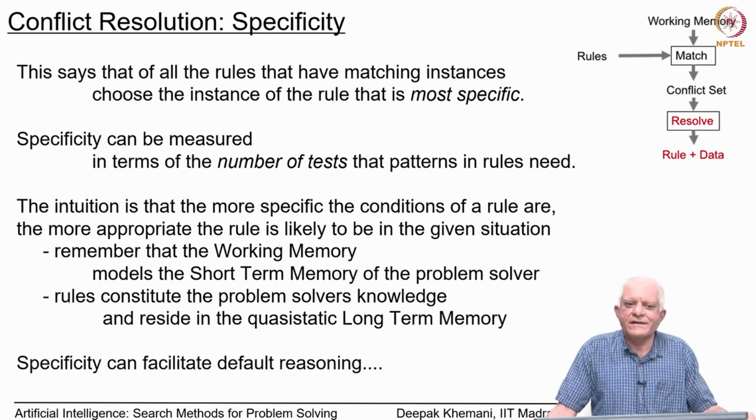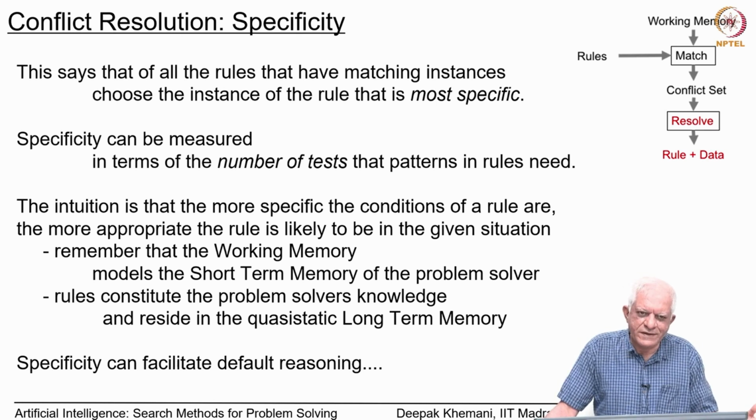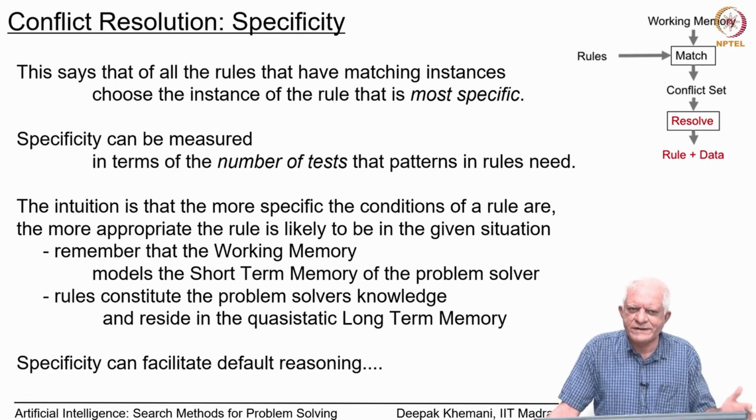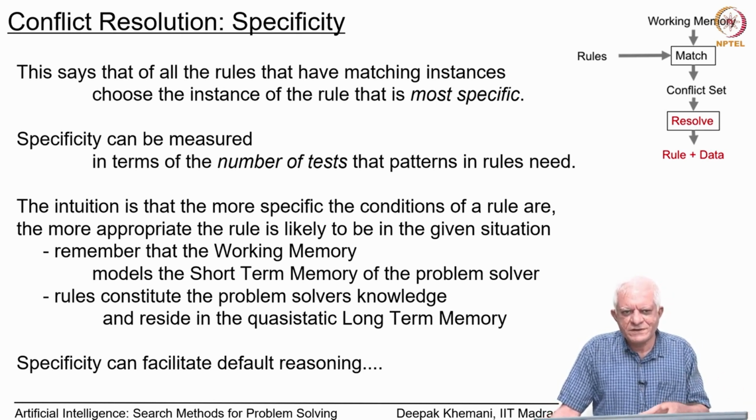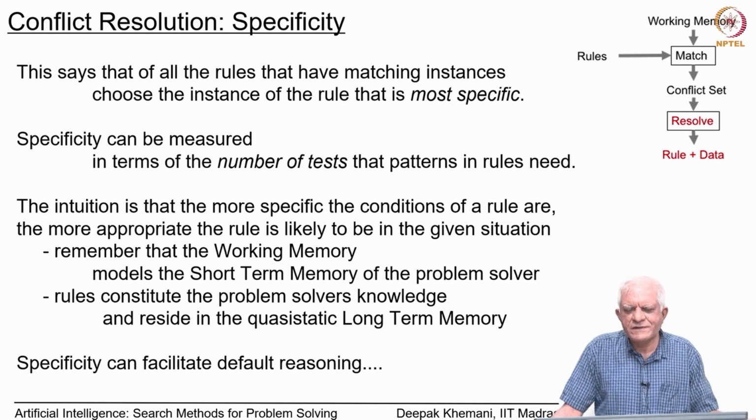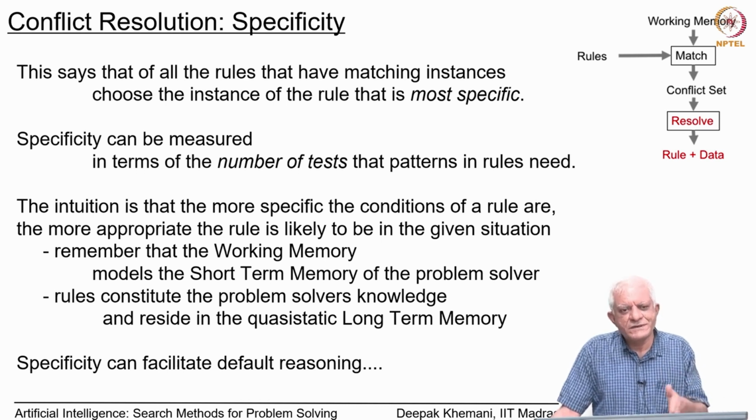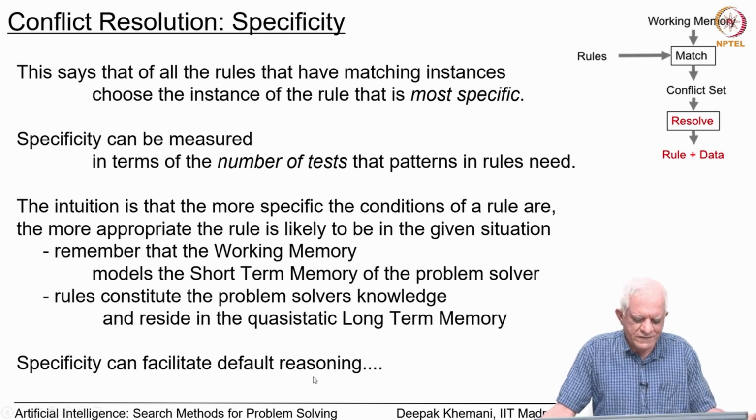This takes us to the idea of default reasoning. So, we are making small forays into reasoning. It is not really the main thrust of this course, and we have already reached the 10th week, so we are coming towards the end of the course. But as I said, all these things are tied up with one another.